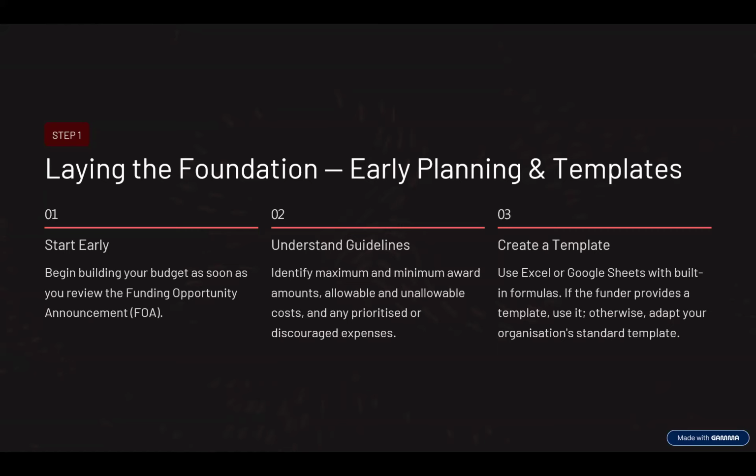Then the third one is to create a template. That is the use of an Excel or Google Sheet formula. This further provides a template. Use it, adapt it, or if you're in an office or an organization, you can adapt their standard. Here in NIMR, we make use of an Excel sheet, and it is what we use for everything, either for invoicing or for budget, anything that has to do with numbers, because with Excel there's already a template for you.